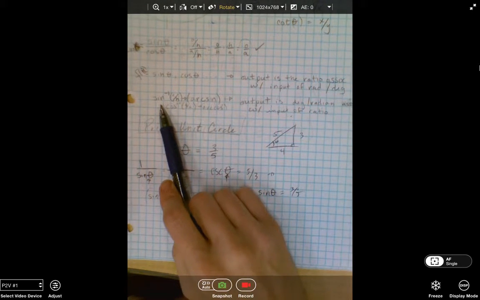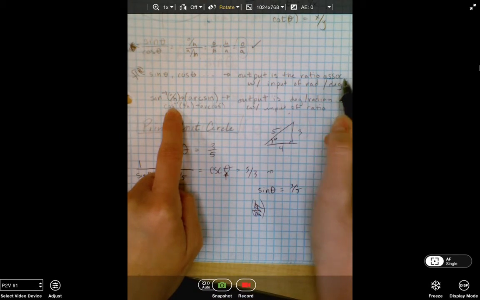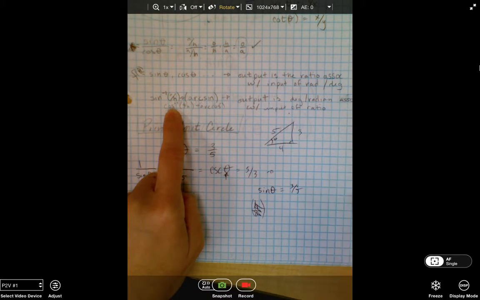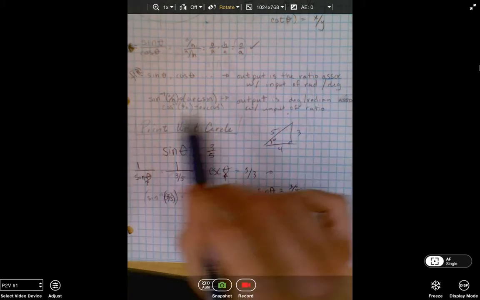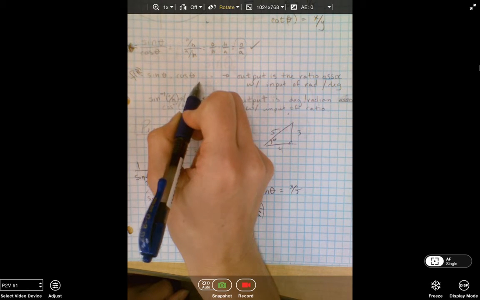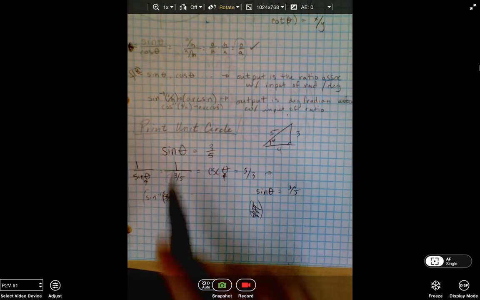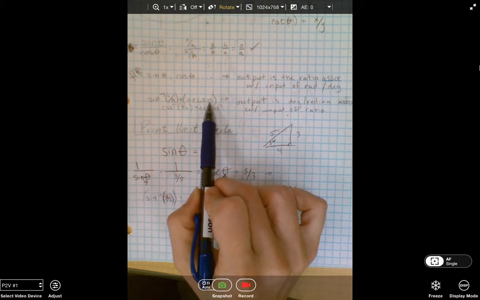Whereas the inverse here of something, the input is the ratio and the output is the angle measure. So that's important to differentiate between sine function, cosine function, all these trig functions, and their inverse. You might notice here that this is called arc sine.